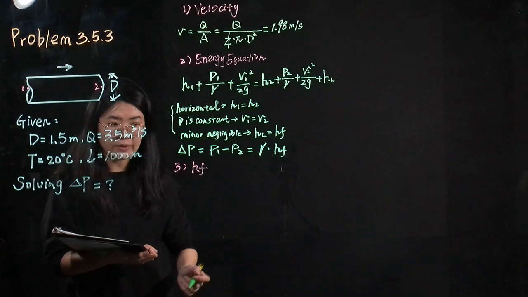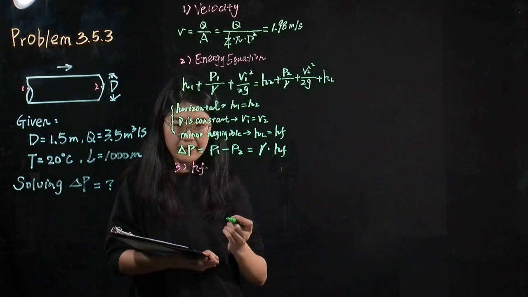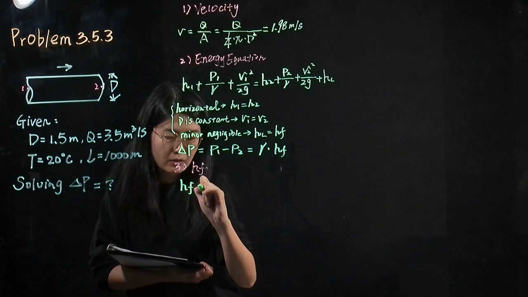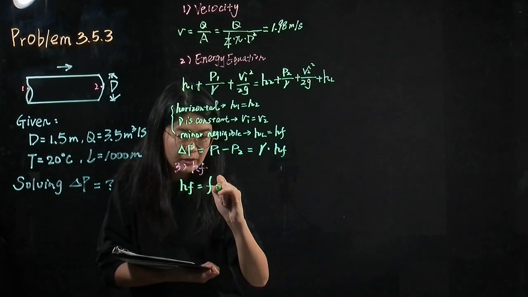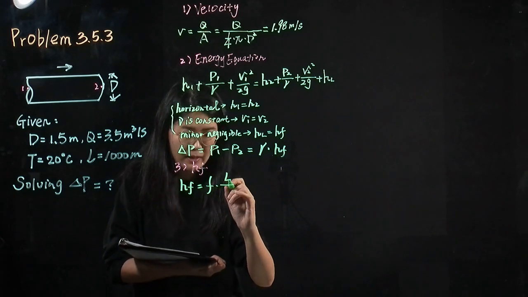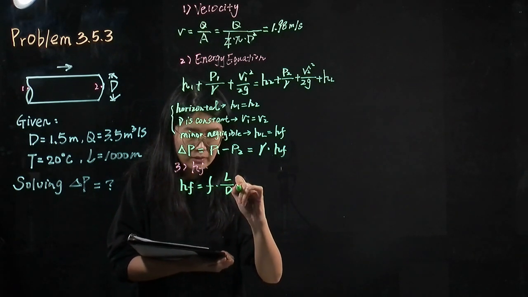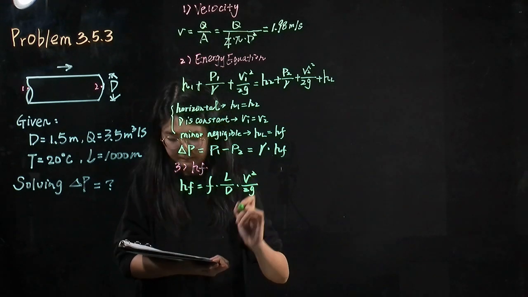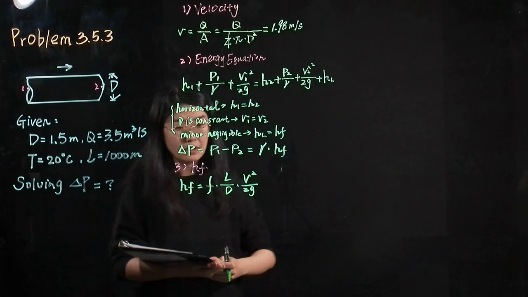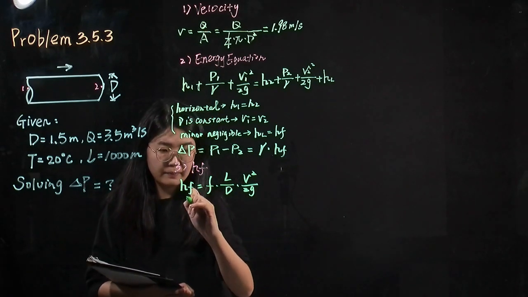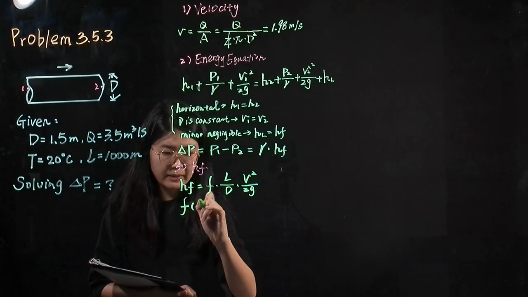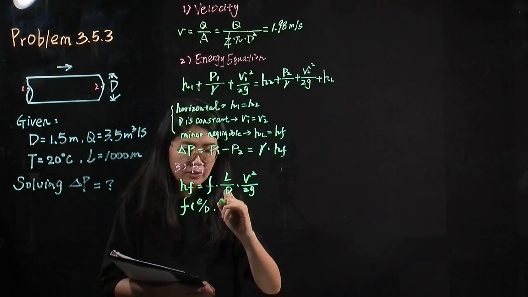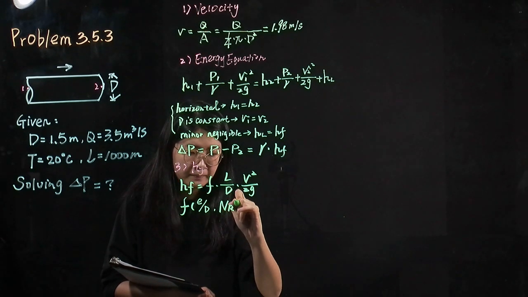The friction loss is given by the Darcy-Weisbach equation, which is hf equals friction factor times the length of the pipe over diameter times velocity squared over 2g. The friction factor is determined by the relative roughness and also the Reynolds number.